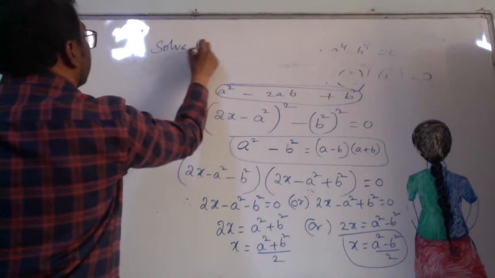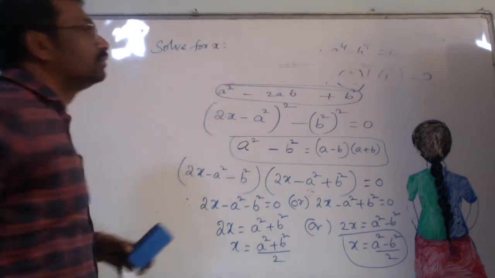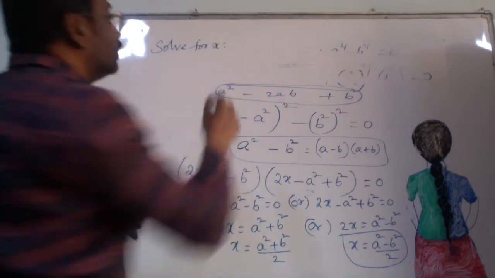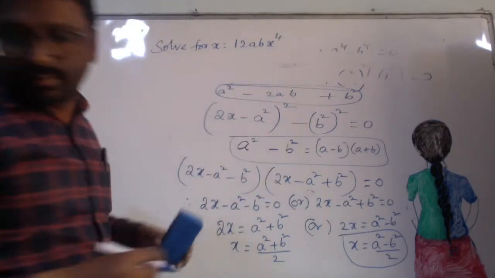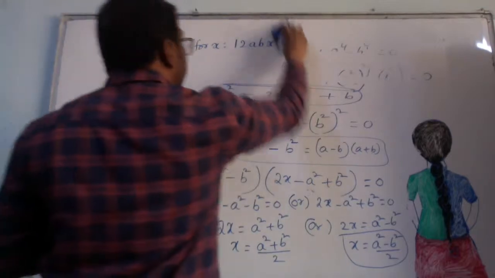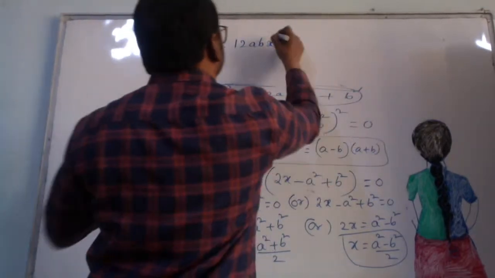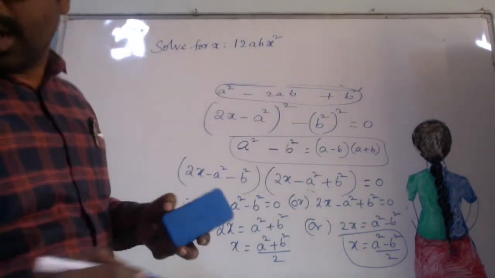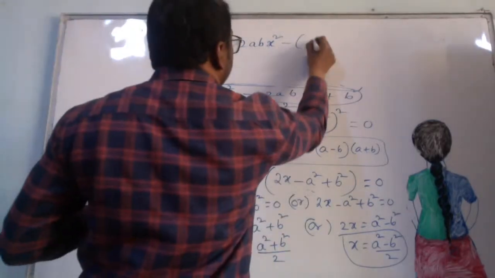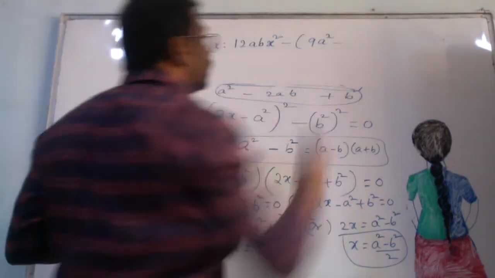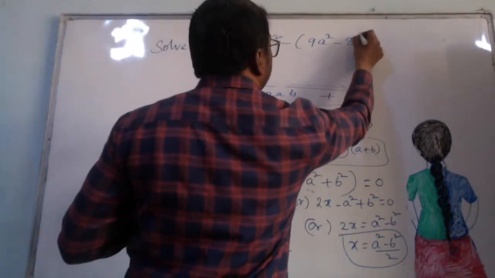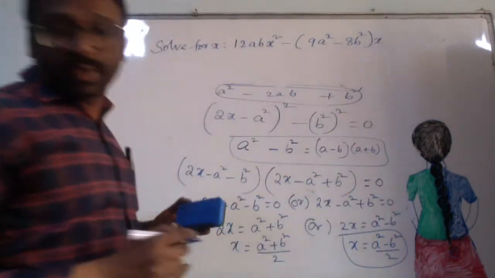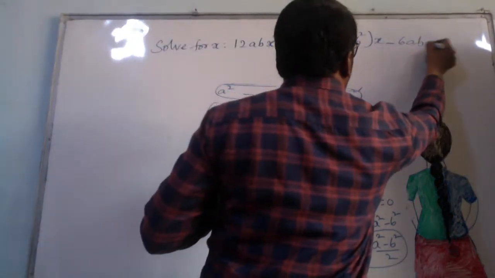Solve for x: ab x power 4, x square minus 9a square minus 8b square times x minus 6ab equal to 0.